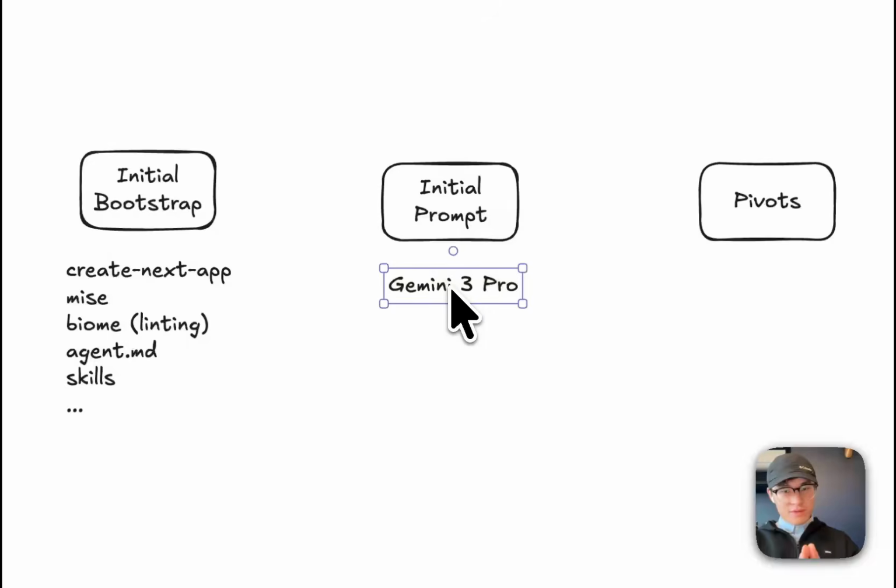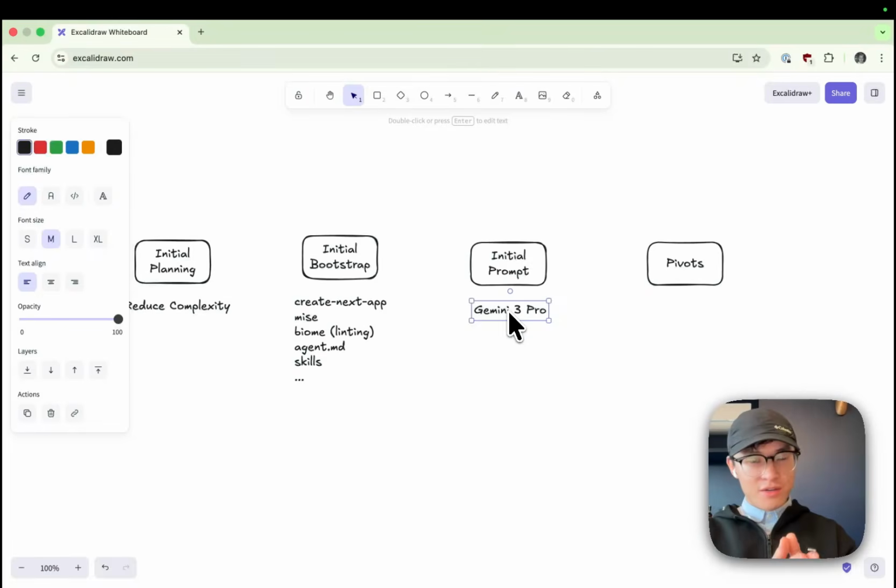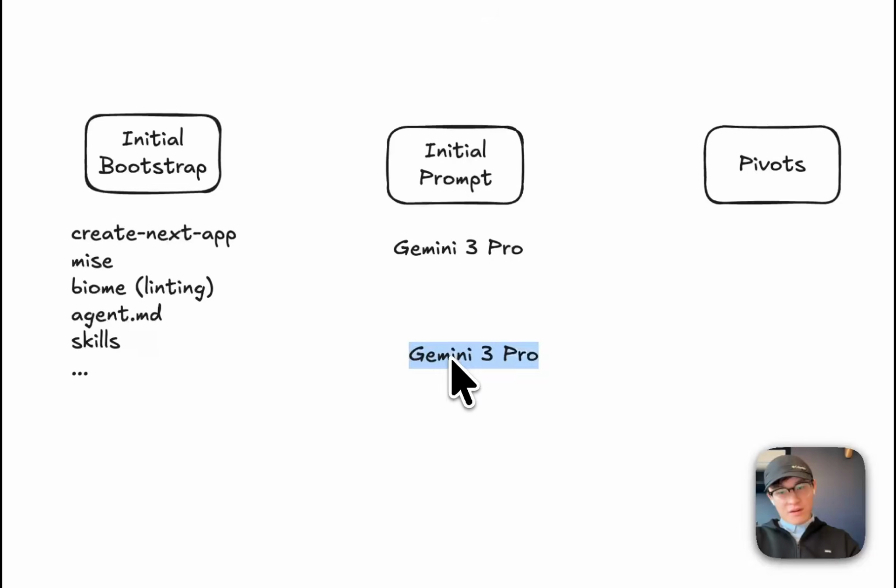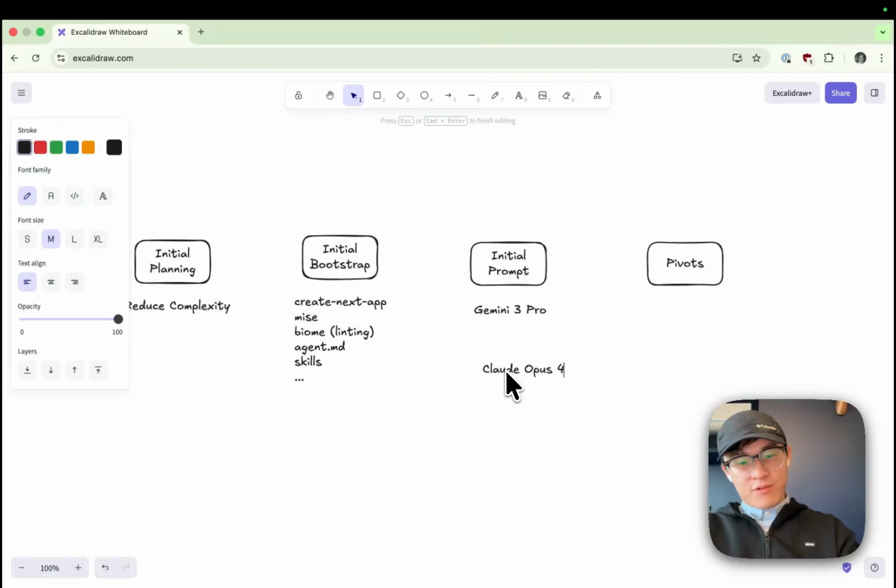So just back to this initial prompt stage, I use Gemini 3 Pro to ask Gemini to generate another prompt template, which I can give to Claude Opus 4.6.